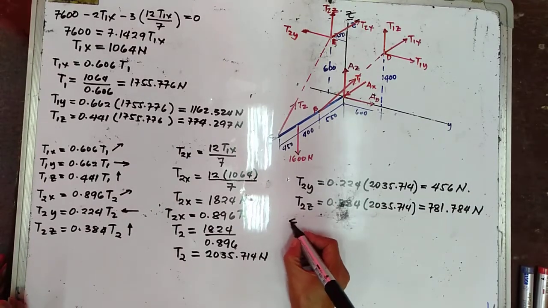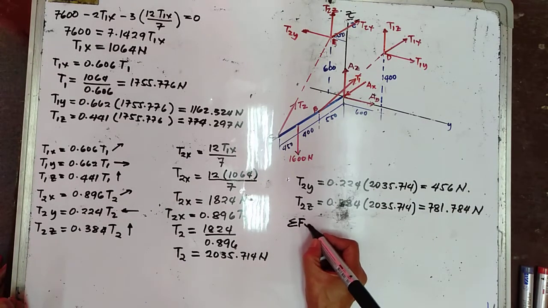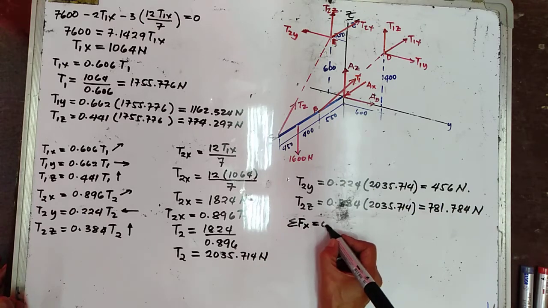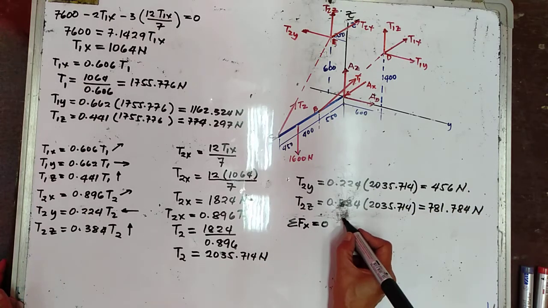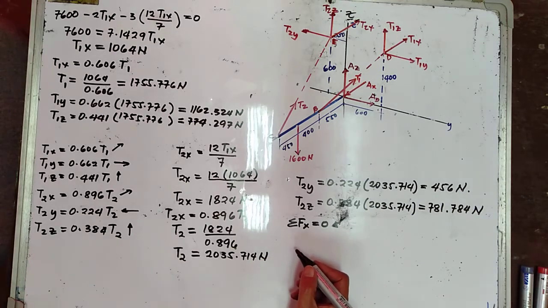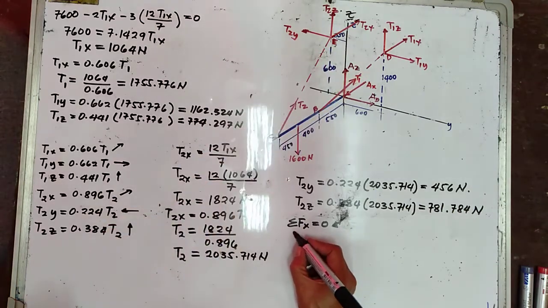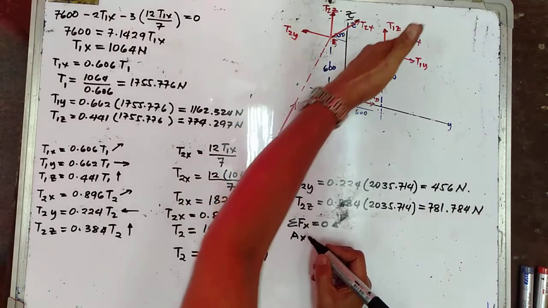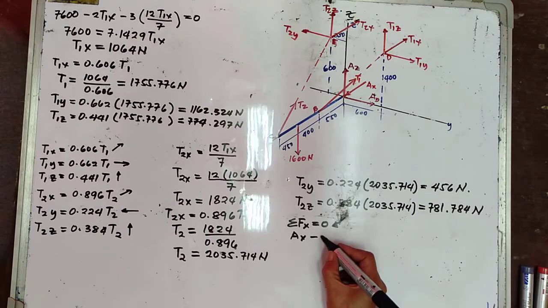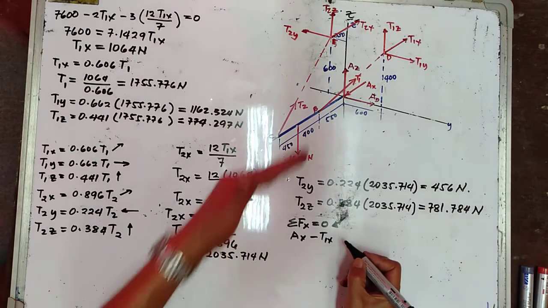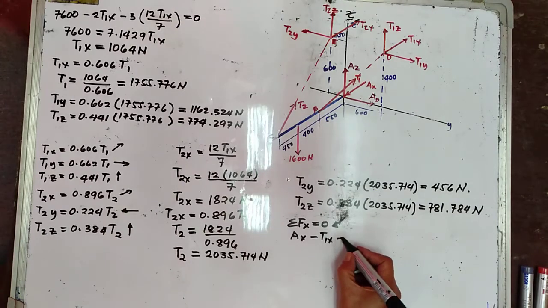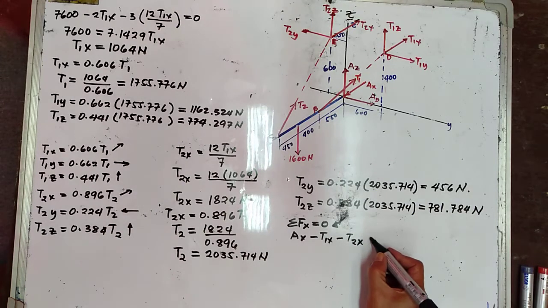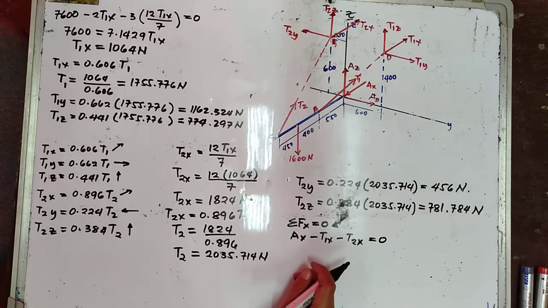Next, summation of forces in the direction of x is equal to 0. Pointing forward is positive. So we now have AX, minus T1x minus T2x is equal to 0.